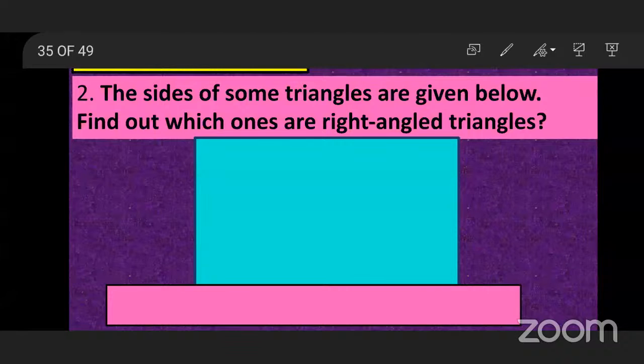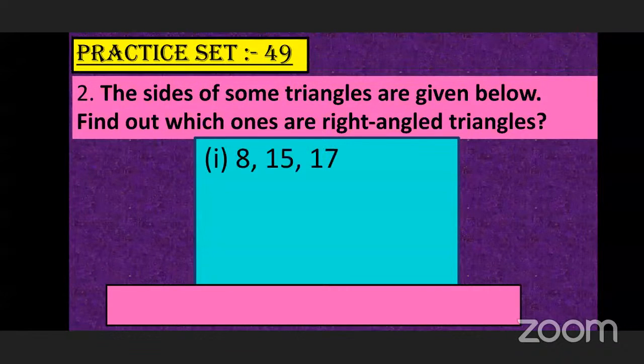So, the sides are 8, 15 and 17. Children, tell me which is the biggest number? 17. Yes, 17 is the biggest number, and 17 is the hypotenuse also.